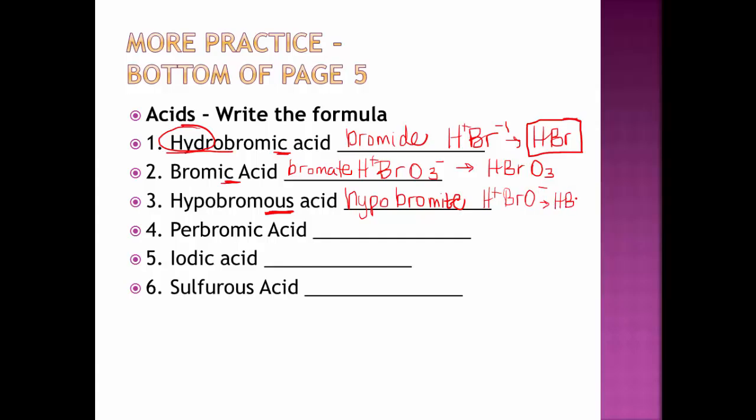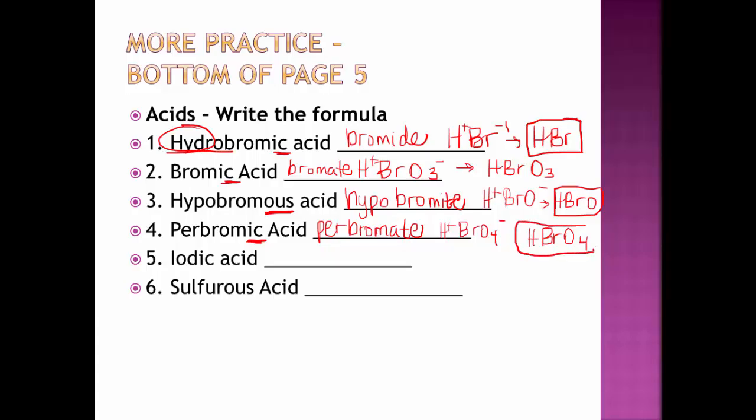Crisscrossing, you get HBrO. Perbromic. So we're doing all of these bromines here, okay? Perbromic. Ic, without the hydro, it's just ic, means that it came from the ate ion, so perbromate. Okay, perbromate is BrO4 minus. Pair it up with the H plus, it's a 1-to-1 ratio, so it's HBrO4.